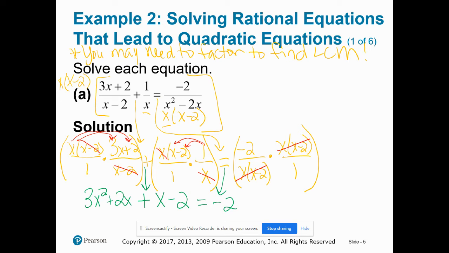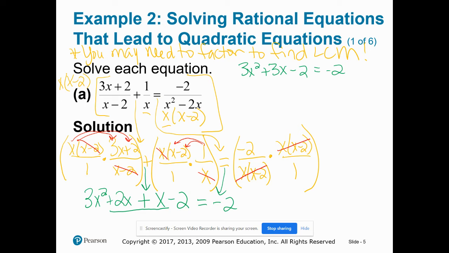All right, now we're going to clean this stuff up. I'm going to take care of my like terms over here on the left side in the middle. That gives us 3x squared plus 3x minus 2 is equal to negative 2.